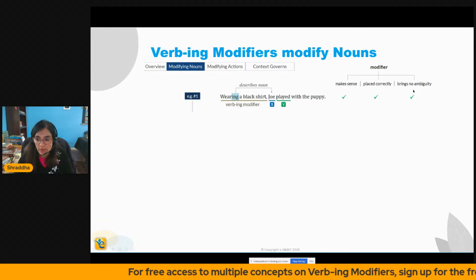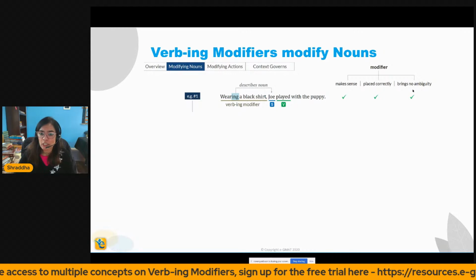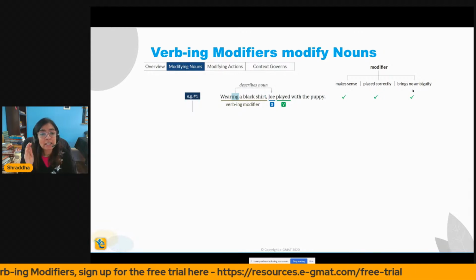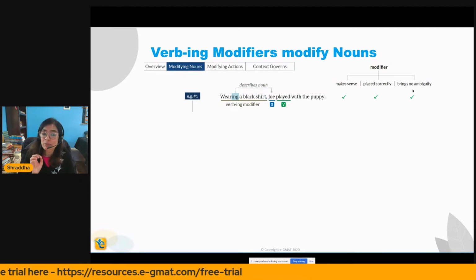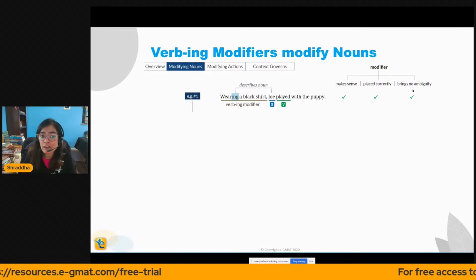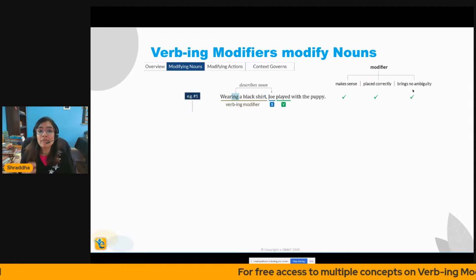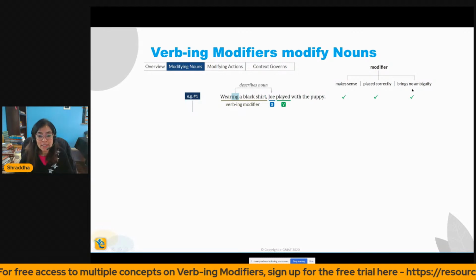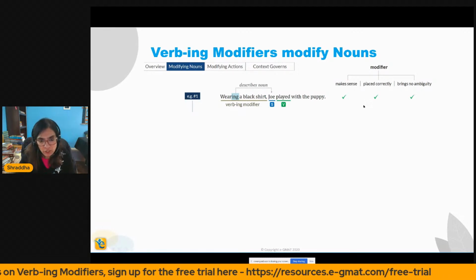Another tenet, which is very, very crucial again, is it should not bring any ambiguity. Your modifier must give you logical modification, and it also must present absolutely clear modification. There should be nothing left to our inference when we read the modification presented by the modifier. And all these 3 traits are applicable to both noun and action modifiers.